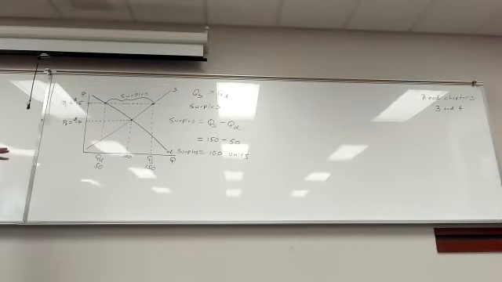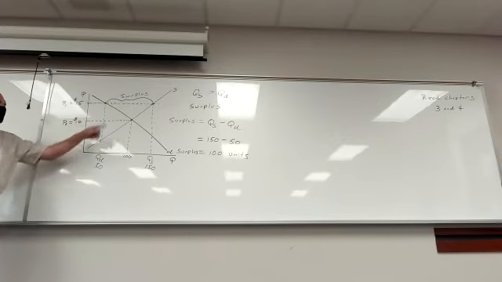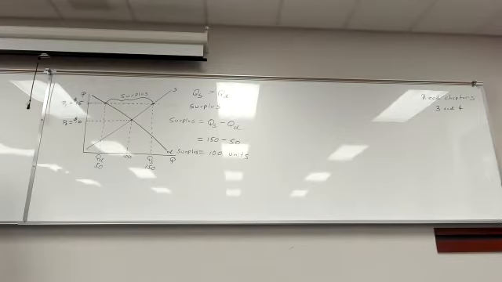Is there any reason for the demanders to be unhappy with that price? Yeah, it's more expensive. All right. So when you look at this, demanders never like higher prices, right?